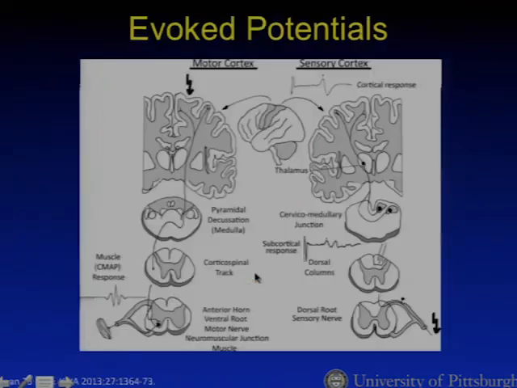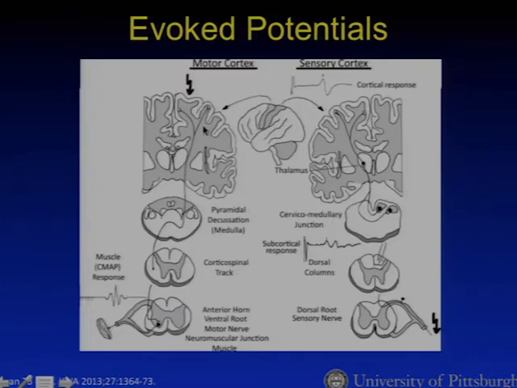Here we see pathways of the motor evoked potential and SSEP depicted. The muscle motor evoked potential is produced by transcranial electric stimulation of the motor cortex up here.